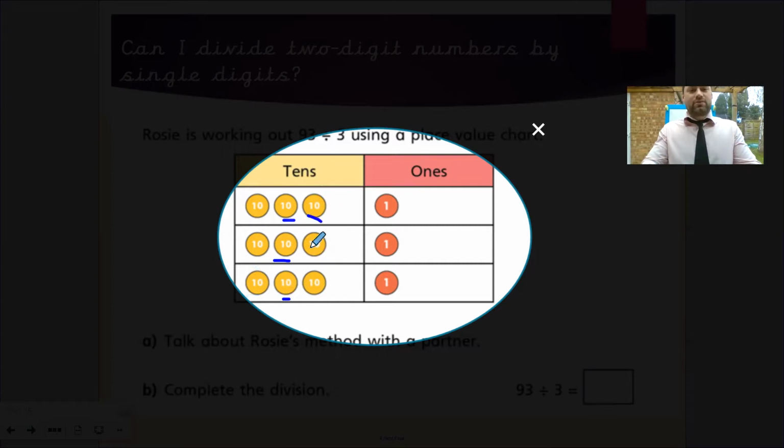Now she's shared out her 10s equally into 3 groups, and they have 3 lots of 10 in each group. And then she shared the 1s out. She had 3 1s, 1 for that one, 1 for this group, and 1 for this group. So she's now shared out 93 equally into 3 groups. And you can see that this is group 1, this is group 2, and this is group 3.